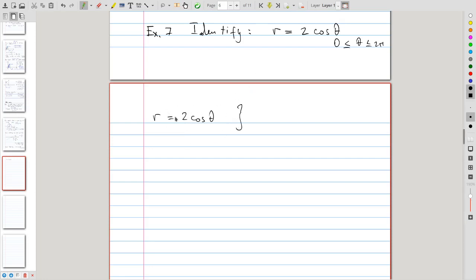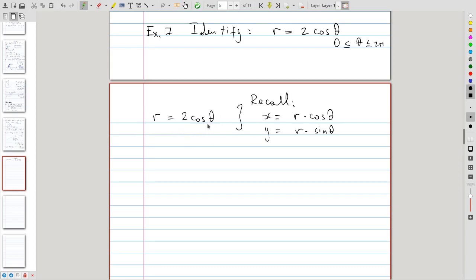In order to convert to Cartesian coordinates, recall the conversion formulas that connect Cartesian coordinates x and y to the polar coordinates. And so x in terms of polar coordinates is r times cosine theta, and y is r times sine theta.